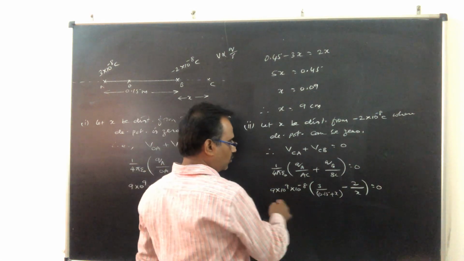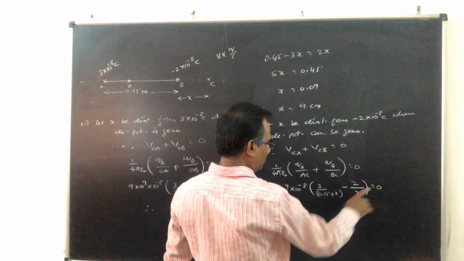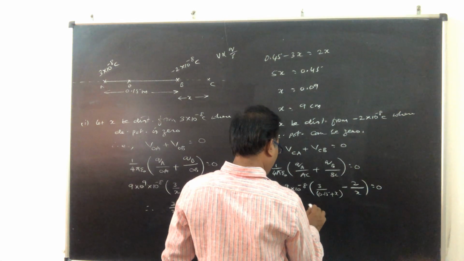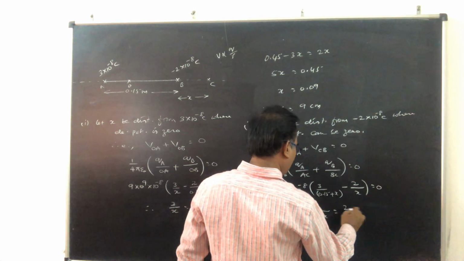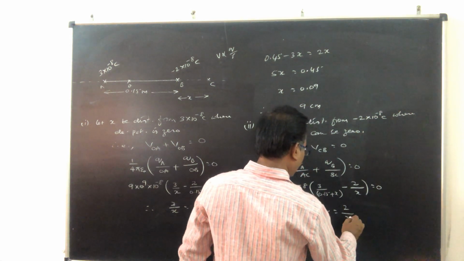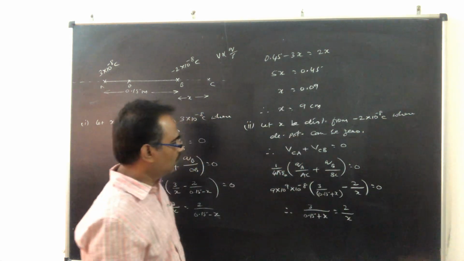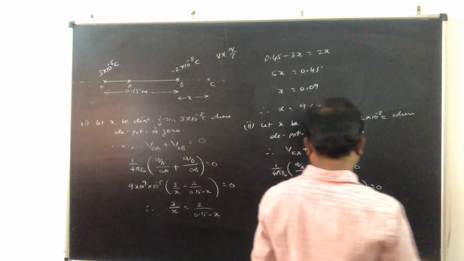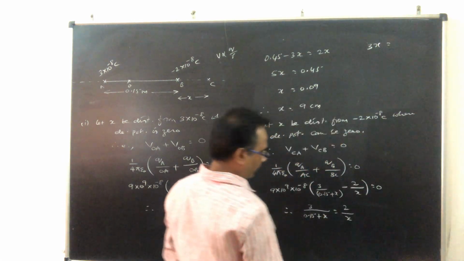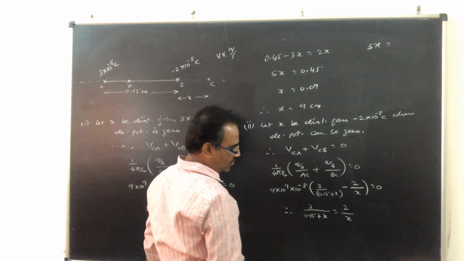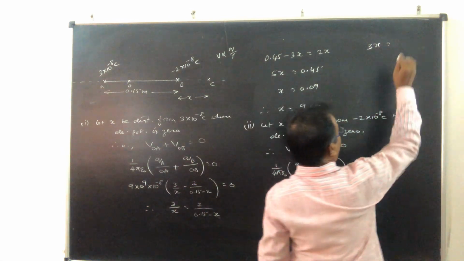So when this term goes to the other side, it becomes 0. Therefore, 3 divided by 0.15 plus x is equal to 2 divided by x. When I cross multiply, 3x is equal to 0.3 plus 2x.